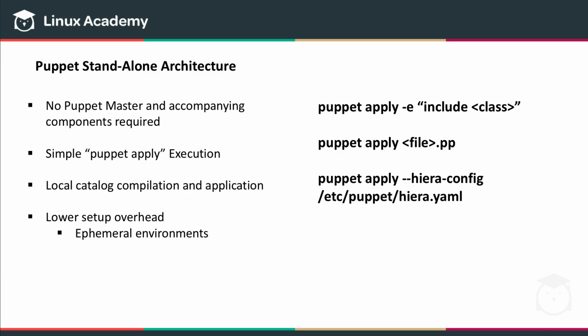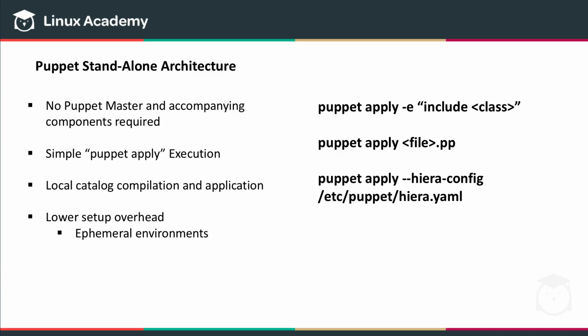The second one there, the puppet apply file.pp, you're actually just applying a manifest directly, and this is probably the most common way to use Puppet Apply. So a simple example, puppet apply site.pp might be a way to invoke that. In the bottom one, we've got a puppet apply, and we're specifying a particular Hiera config.